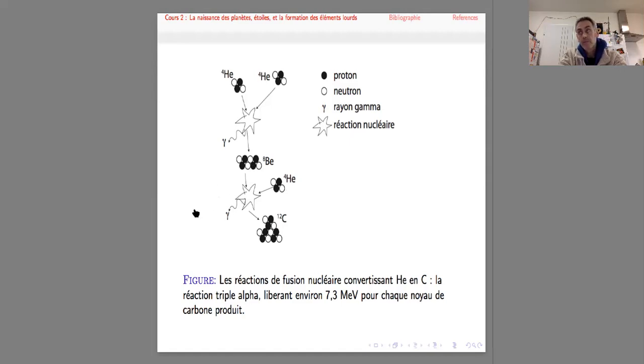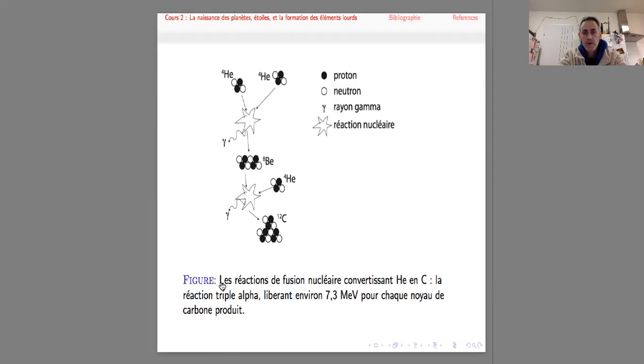This one is an energy-producing reaction, so you definitely get a gamma ray going off, and you join these two nuclei together and form the nucleus of the stable carbon-12 atom.